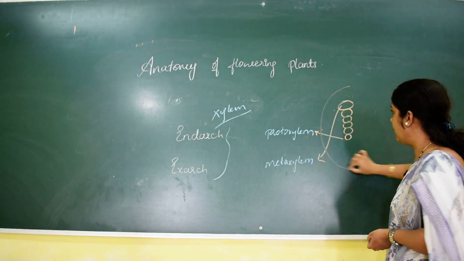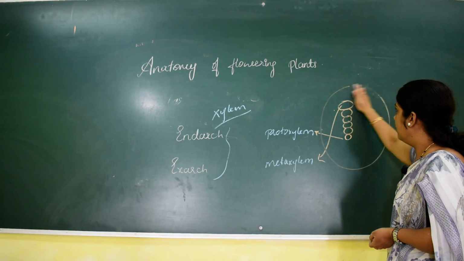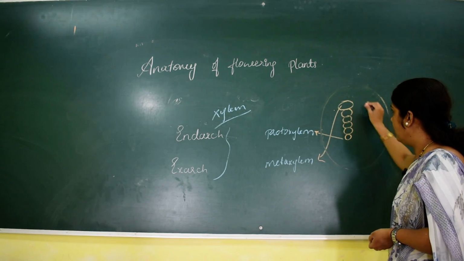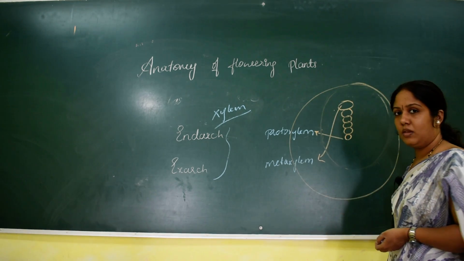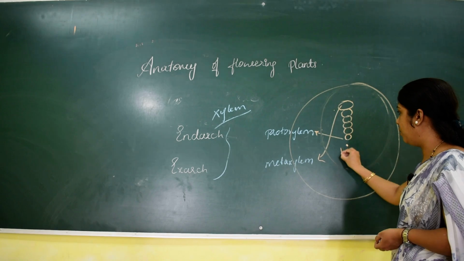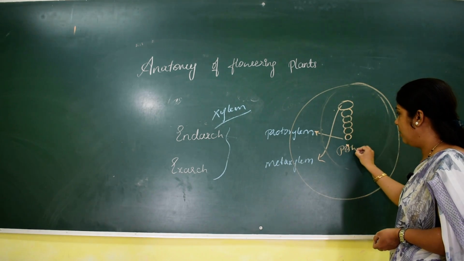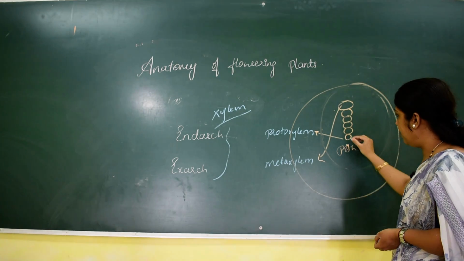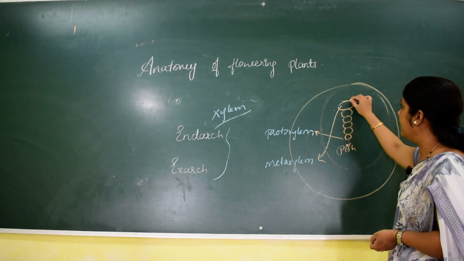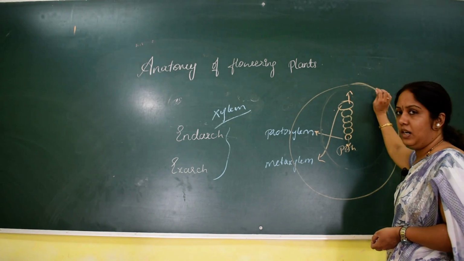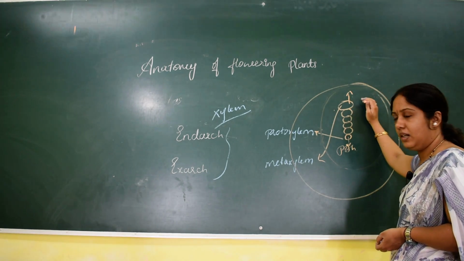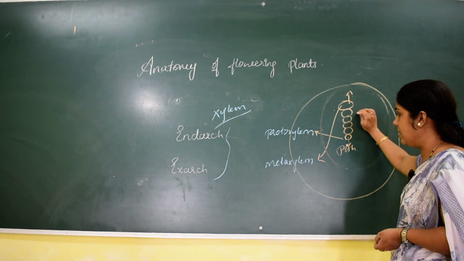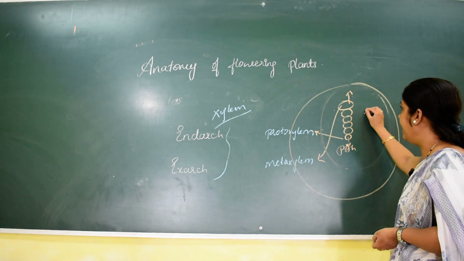Now let us consider this as the anatomy, and this center point, which is called pith. Now if towards the pith the protoxylem is there, and towards the periphery or pericycle, away from the center, the metaxylem is there, this condition is called endarch.